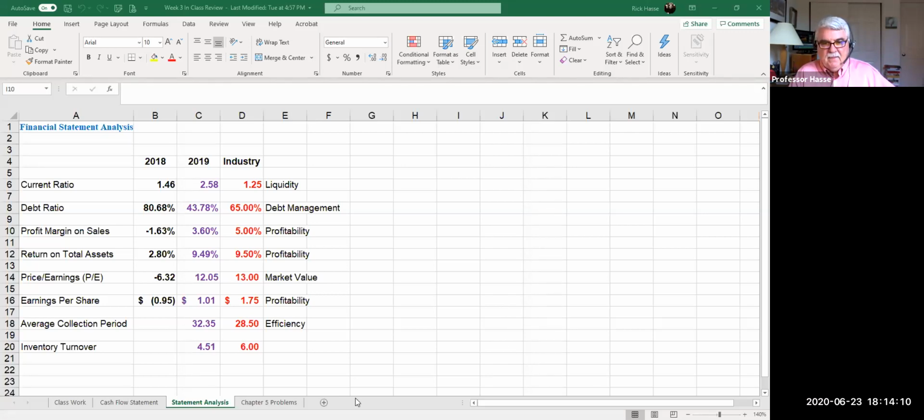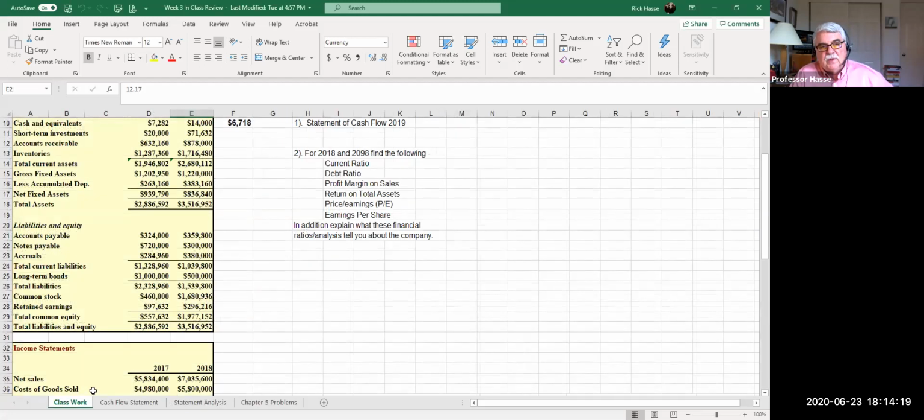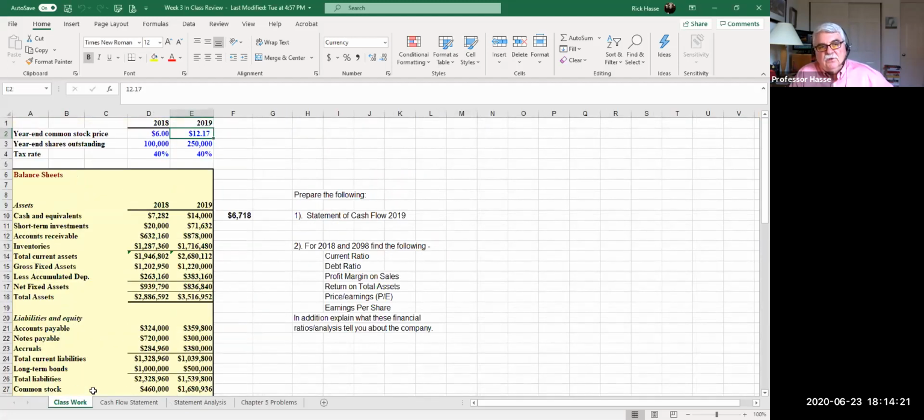All right. So as I said earlier, we talked about this last week where we had the financial statements of a company in week 2, and we took a look at it because this is chapters 3 and 4, financial statements and financial statement analysis, where accounting and finance meet.